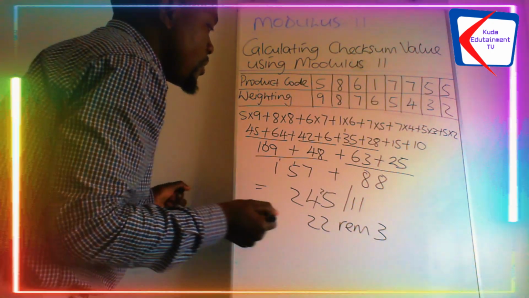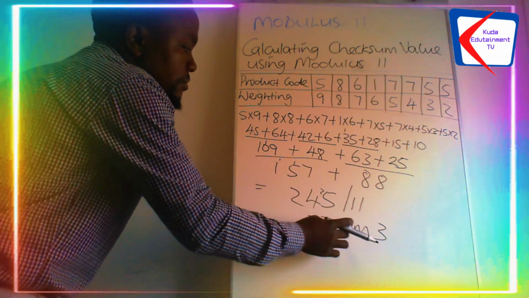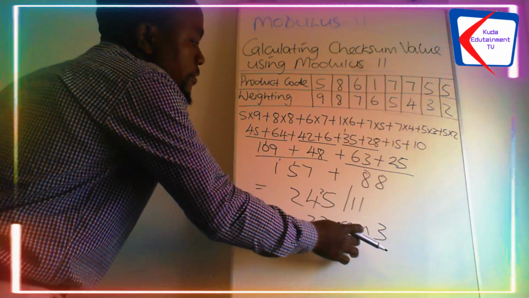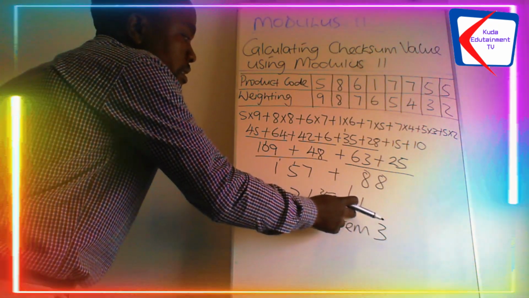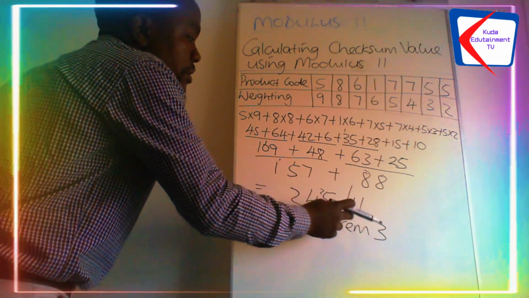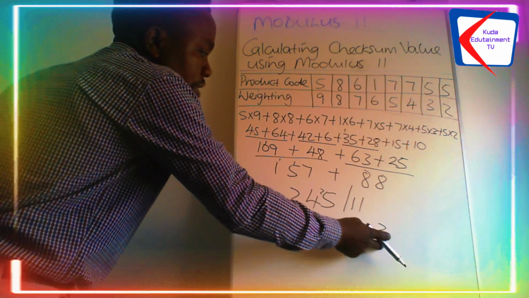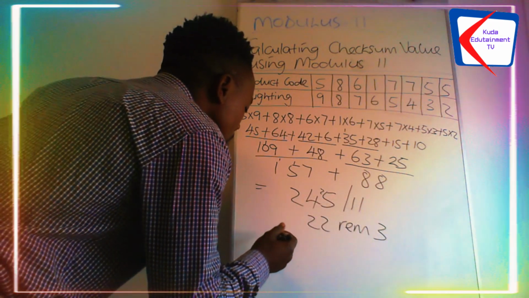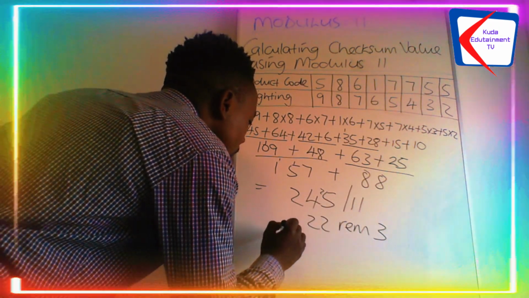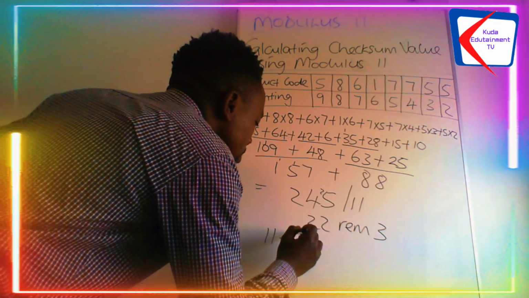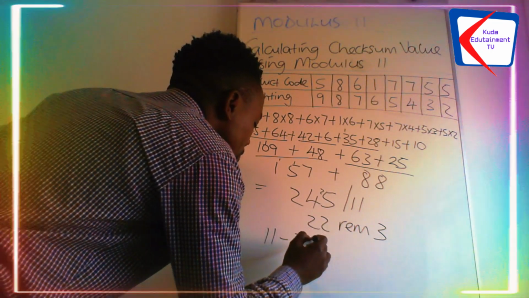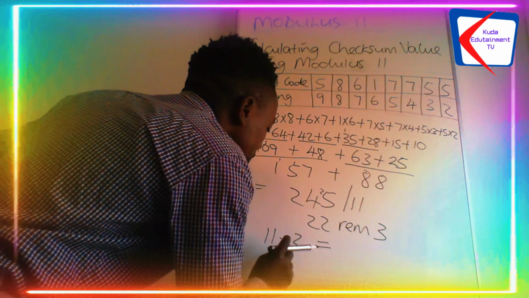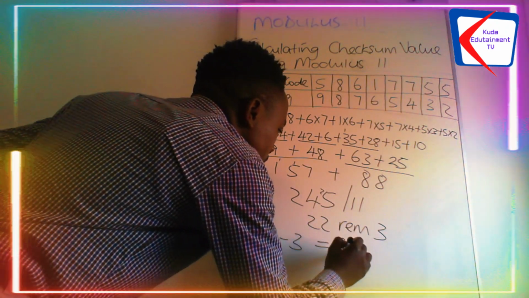Then what happens now? We subtract the remainder from our divisor, right? We subtract the remainder, which is 3, from our divisor, which is 11. So 11 minus 3 is what? 8.